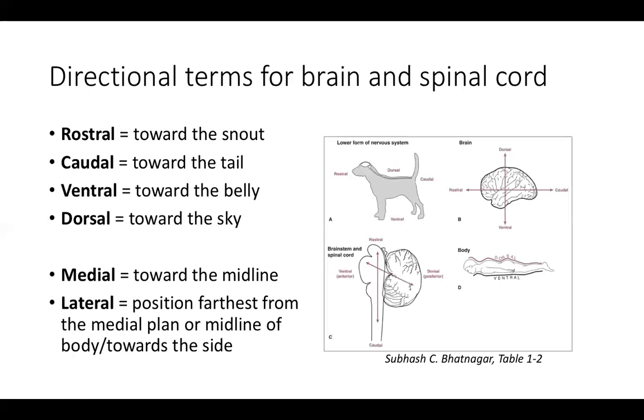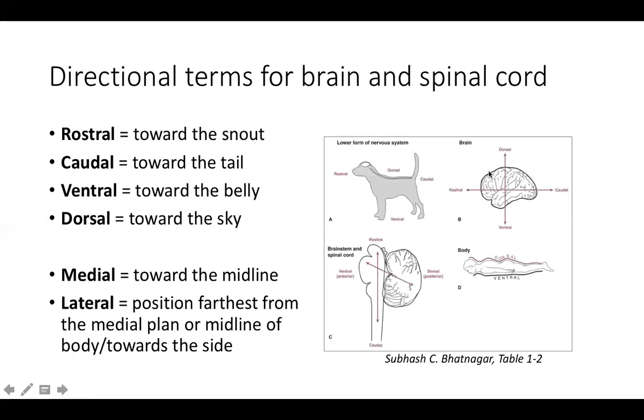Dorsal would be towards the sky, and that is looking up here in the human brain and towards the sky also for the animal. A couple other terms that I wanted to share with you are medial, which is towards the midline.